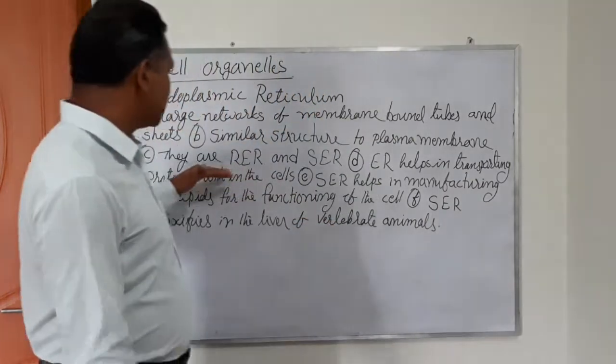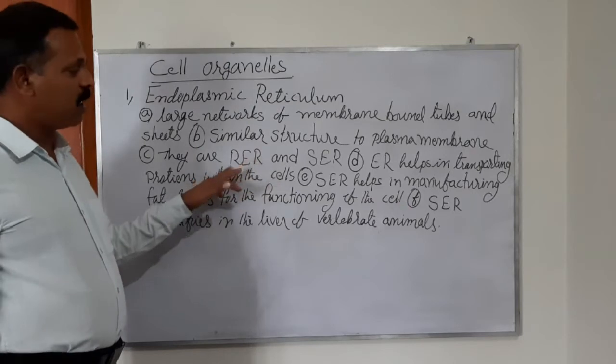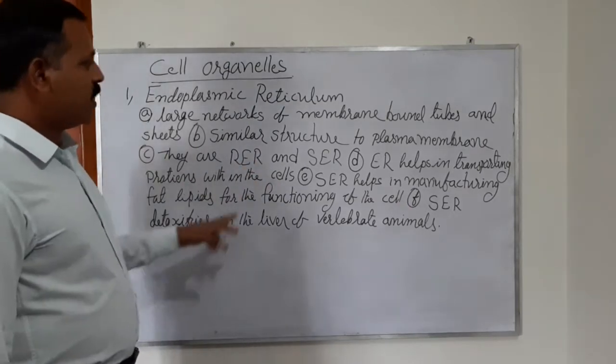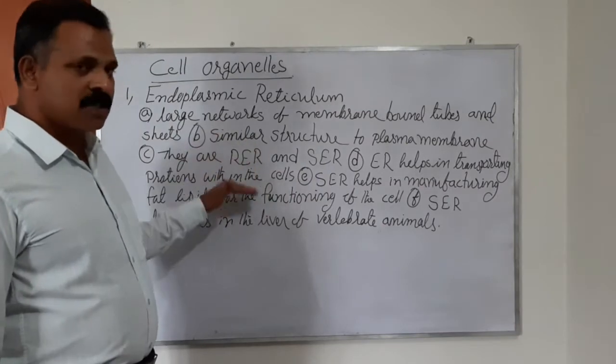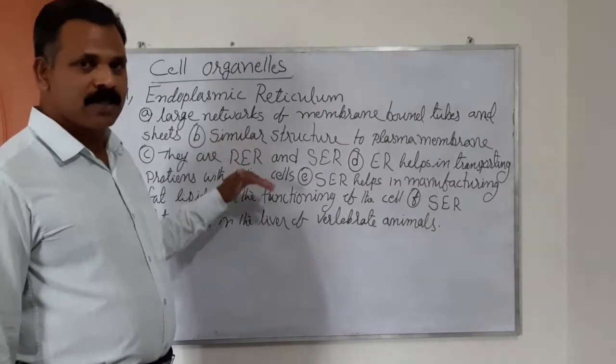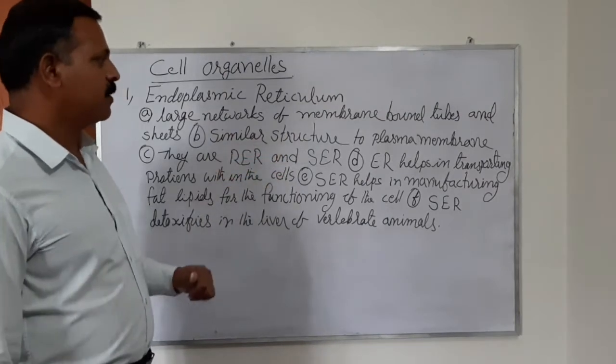So that is rough endoplasmic reticulum, RER. The protein produced by the RER is transported by ER to the various parts of the cell.